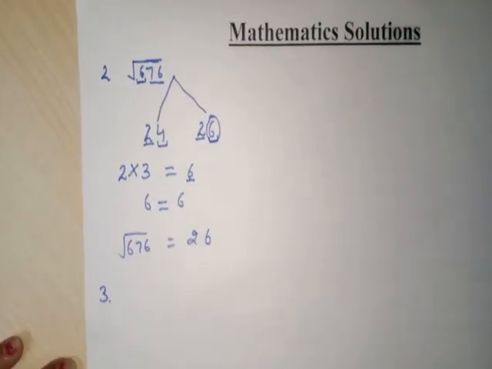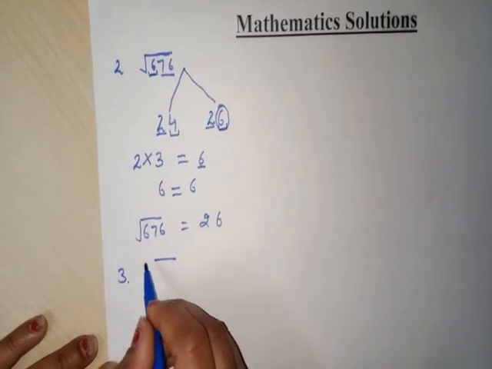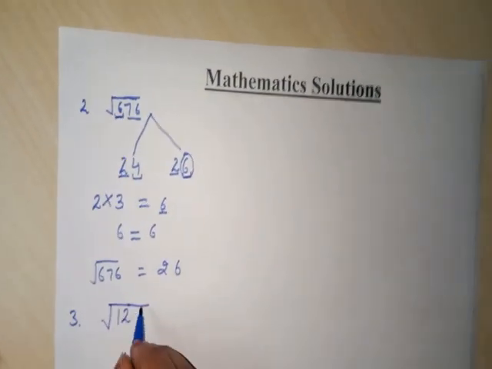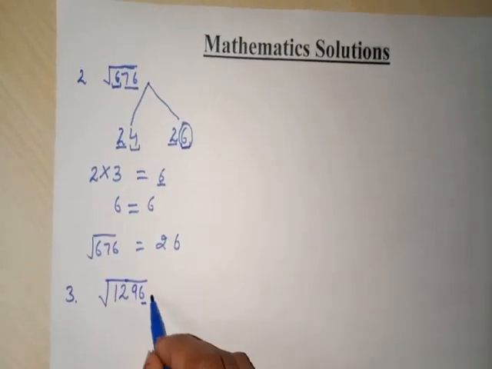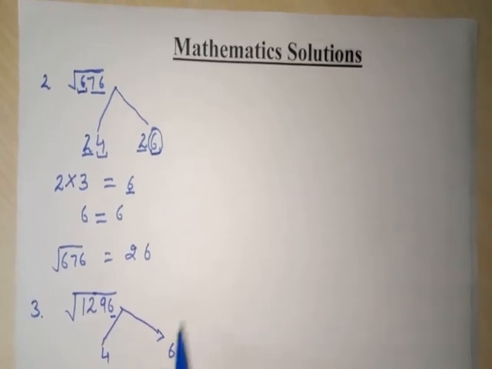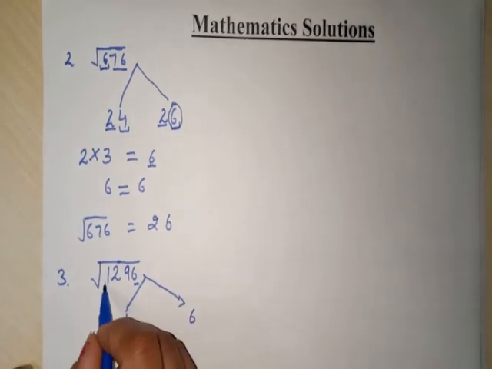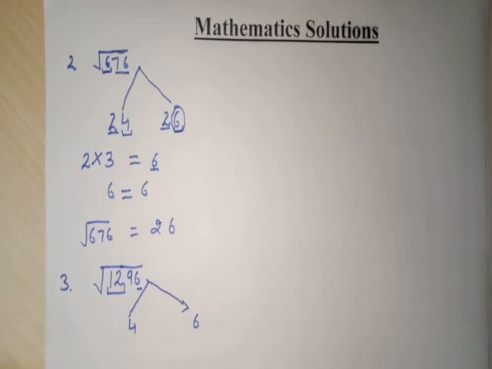Let's take another example of a 4-digit number, 1296. Again we have 6 at the unit place. The unit digit of its square root will be 4 or 6, as we know from the previous example. Now we will see that 12 falls between the squares of which two numbers?